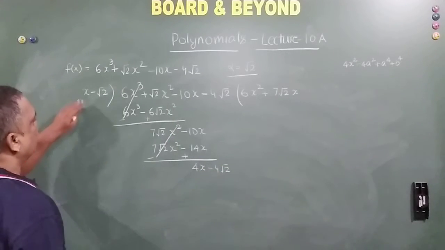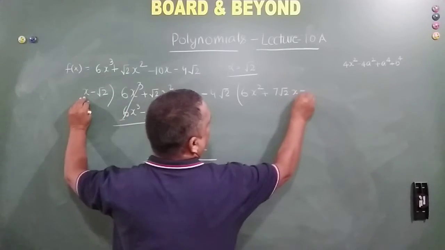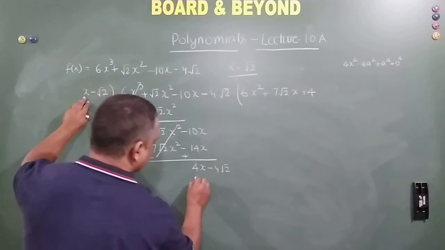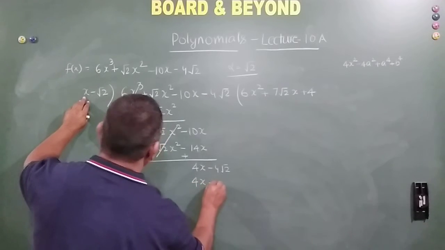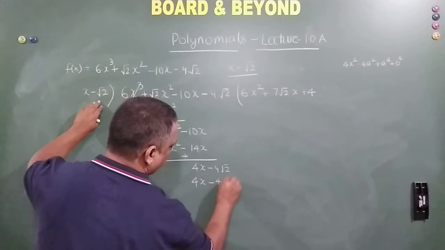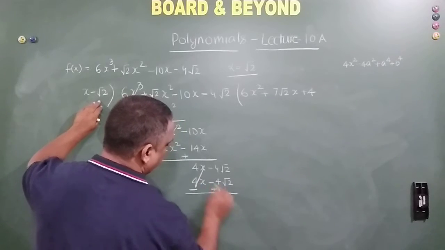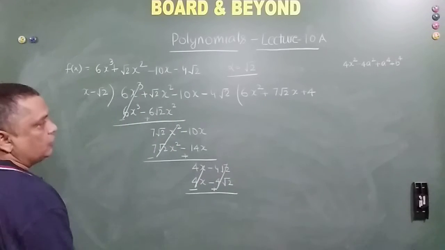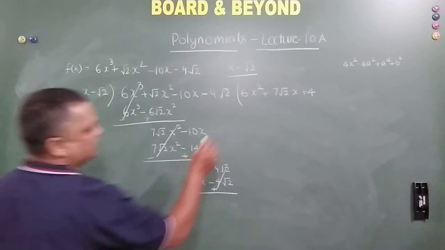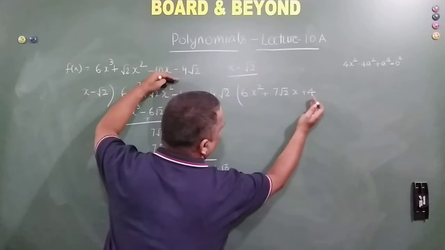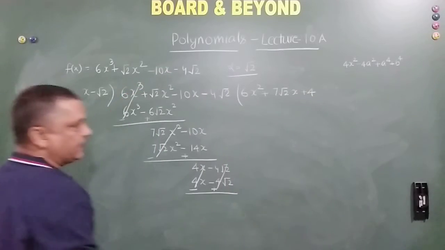Now we will have plus 4 here, which will give me 4x minus 4 root 2. So this cubic polynomial reduces to a quadratic polynomial after division.